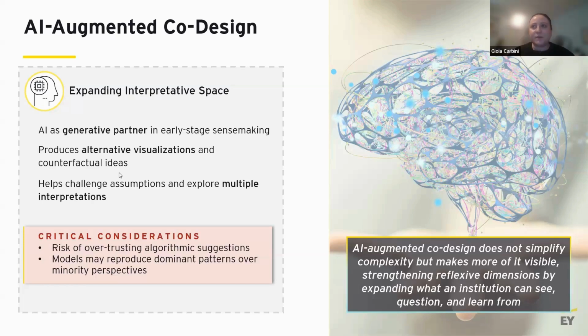And it was very useful to expand human interpretation. Participants in this study reported that AI was valuable in providing suggestions because they thought these were useful provocations to think outside the box.